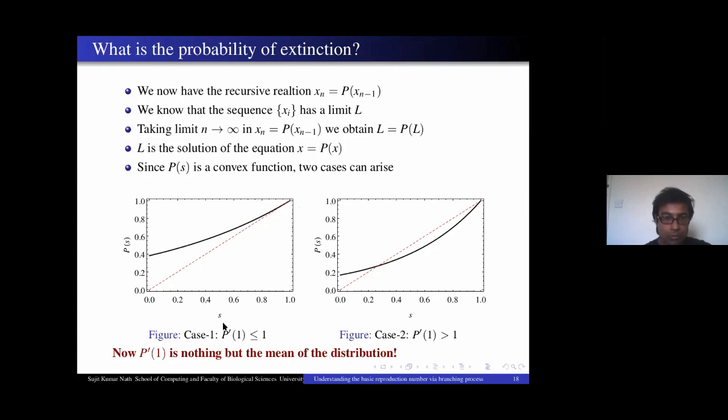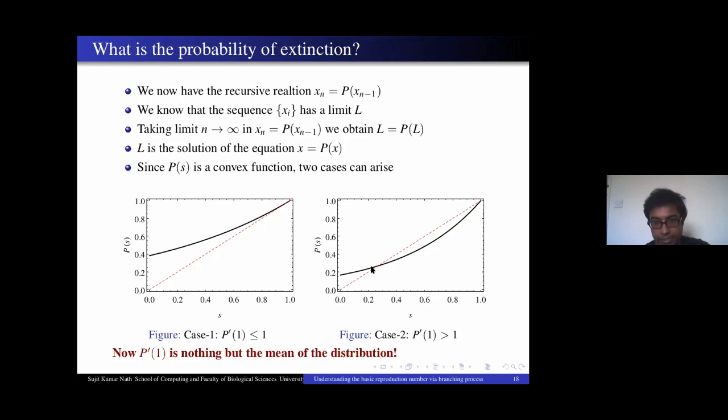But when it intersects at some point before 1, the extinction probability is less than 1. In the first case, the extinction probability is 1. That means the species will go extinct with probability 1, that is for sure. But in this case, the probability of extinction is something less than 1, because it intersects before 1.